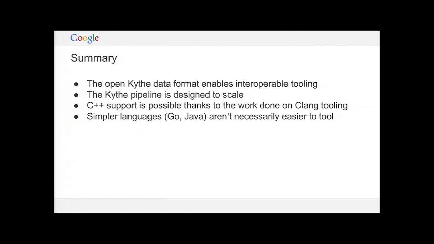And as a side note, just because the language is simpler, like Go or Java, that doesn't necessarily mean it's easier to tool. It's really the quality of the front end that makes it easy to provide language tools for. And we hope that with the baseline of providing us with this graph data, other language communities will be encouraged to build toolable front ends in the sense that Clang is.